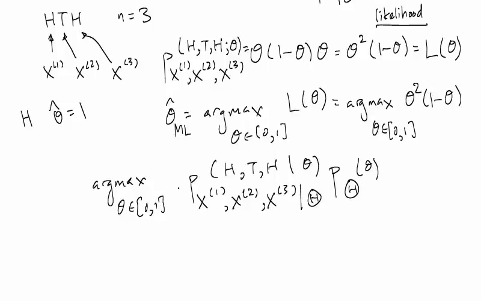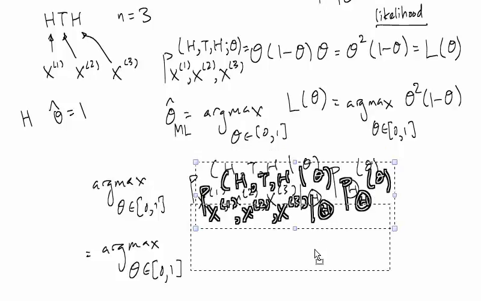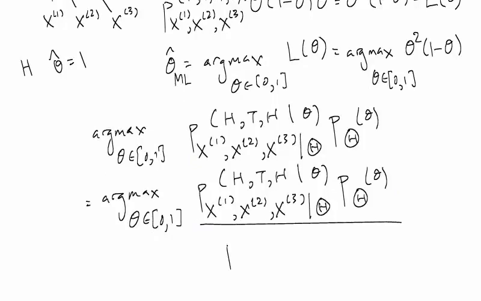So this is the joint distribution, and treating the training data, heads, tails, heads, as fixed, the argmax of the joint is the same thing as the argmax of this joint, divided by the probability of just the training data, heads, tails, heads. Again, we're treating the training data we observed as fixed.